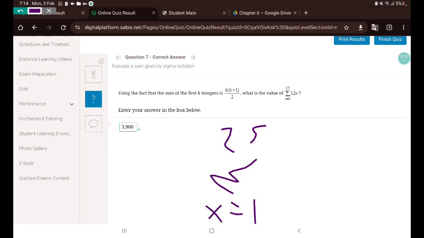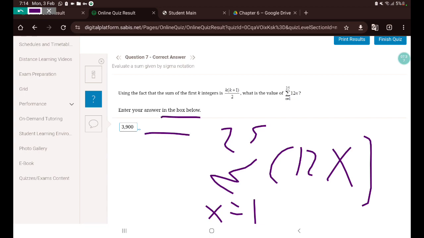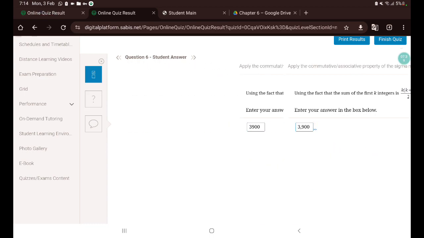Sorry for my bad handwriting. I don't have a pen to use, so I'm using my finger, so it's really bad. But yeah, after you put these numbers in the equation after doing shift log, you'll get 3,900. Next question.